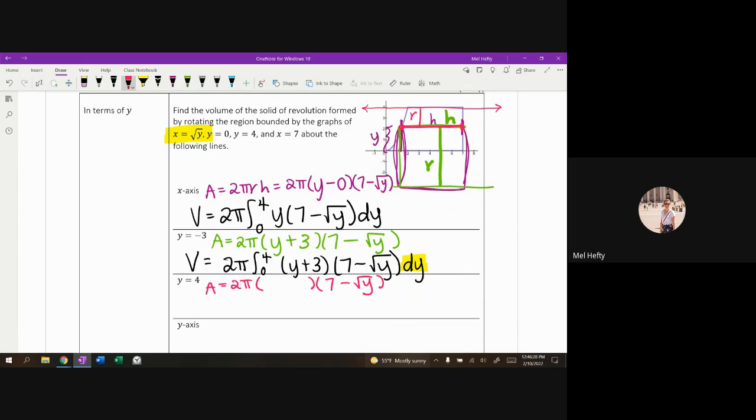My radius is negative 2. That doesn't feel right to me. So feel free to plug in something to check your work. V equals 2 pi, integral of 4 minus y, 7 minus square root of y dy. Bounds the same? 0 to 4.